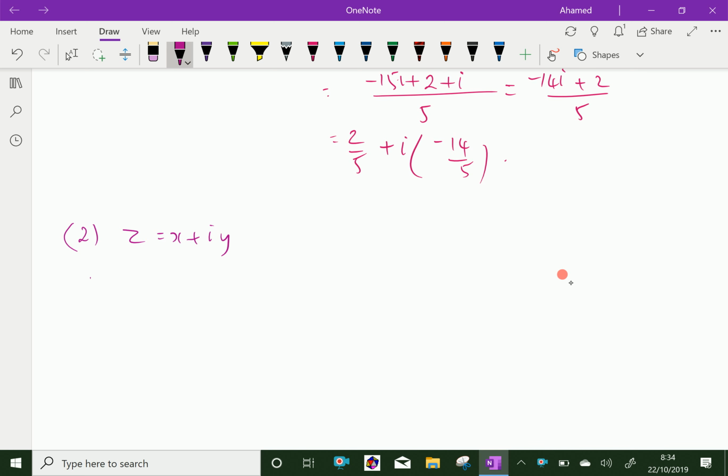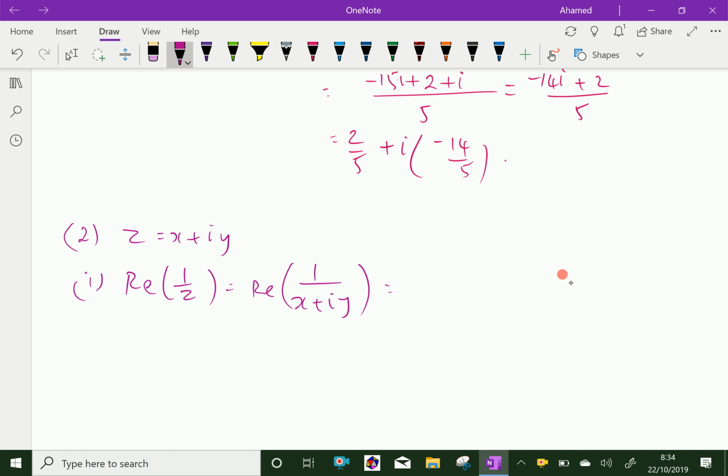First one, real part of 1 over z. So real part of 1 over z is 1 over x plus iy, because z is x plus iy.